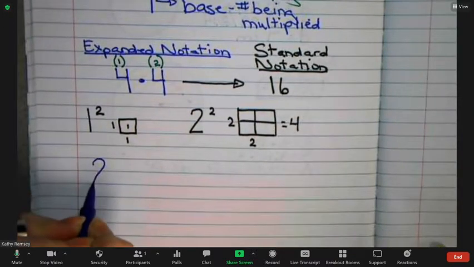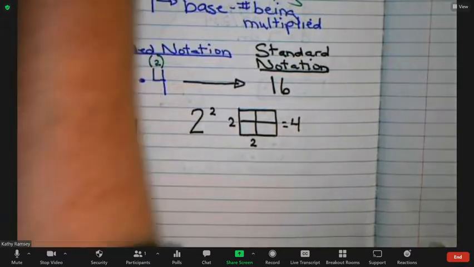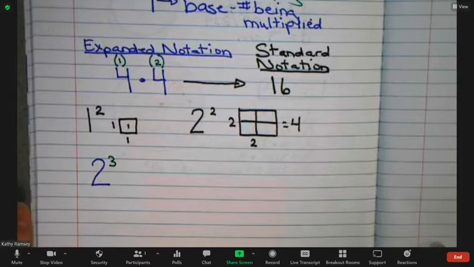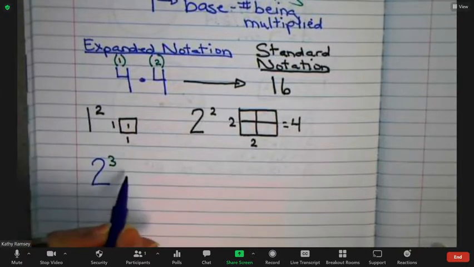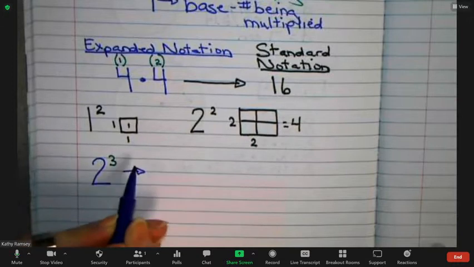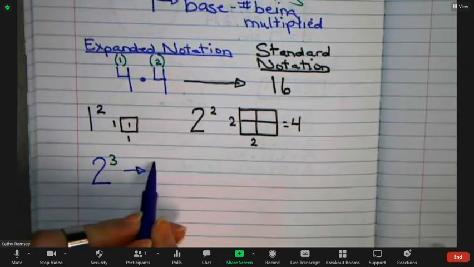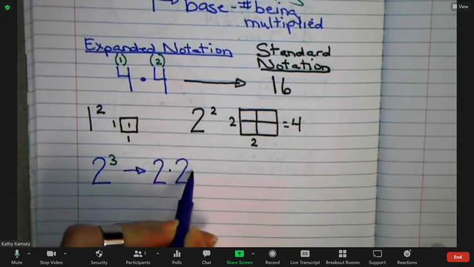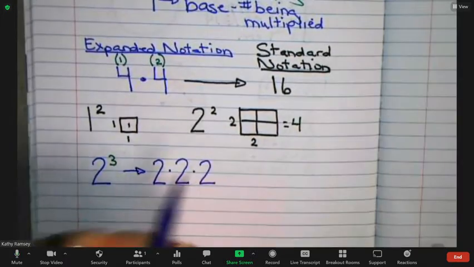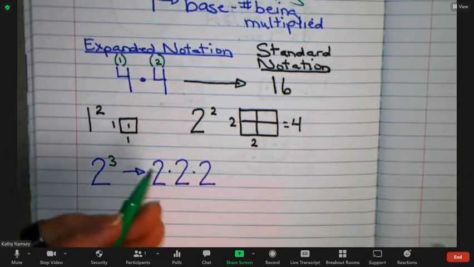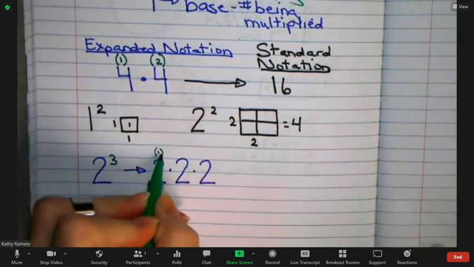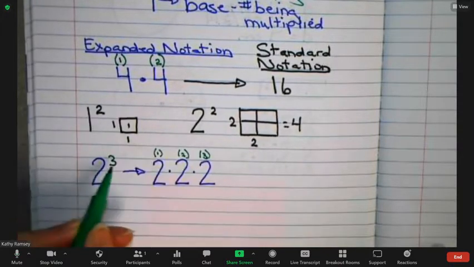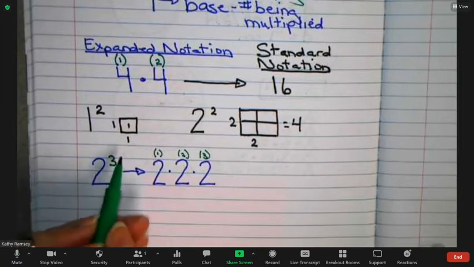Let's do a couple more examples. Let's do 2 to the power of 3. We take that to expanded notation and we say 2 times 2 times 2. So there's 1, 2, 3, because this is 3.